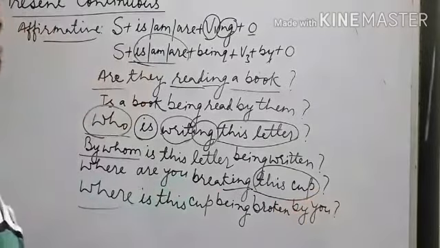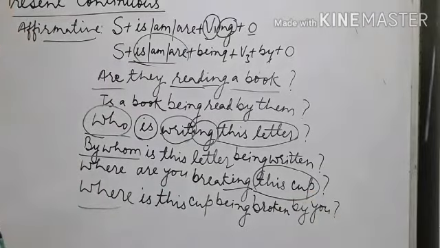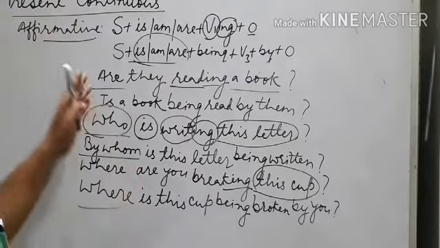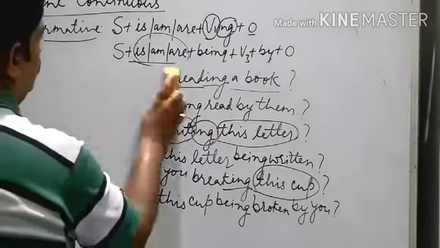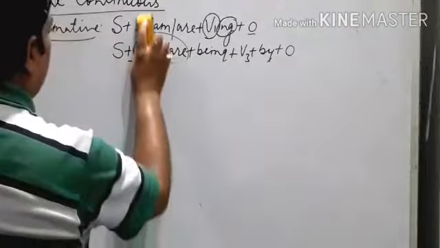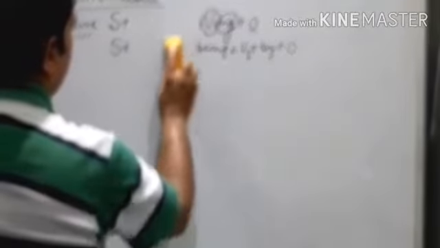Okay, quite easy it is. See, the same type of formula of present continuous, how to convert into passive, we apply to past continuous rules. Only the helping verbs will be different and the other rules will be same.